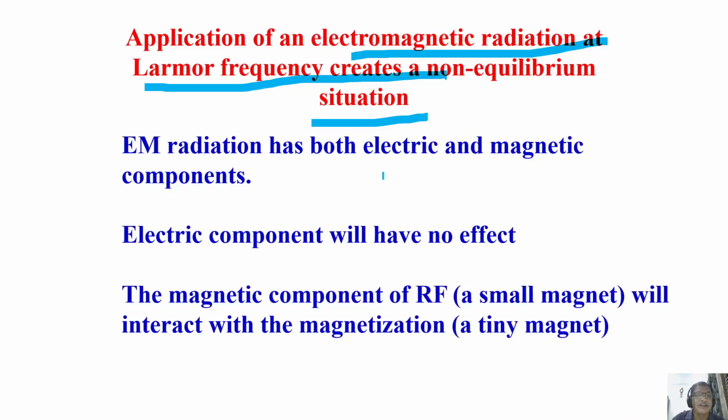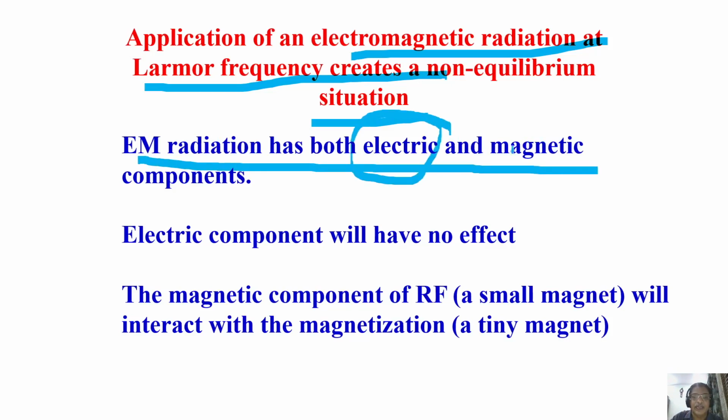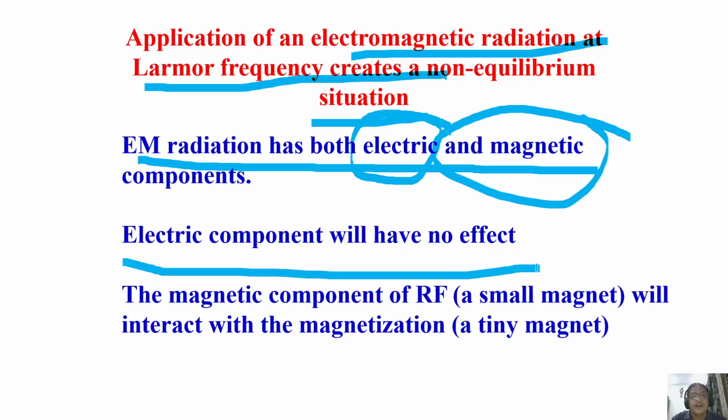How does it interact? Remember, electromagnetic radiation has both an electric component and a magnetic component. The electric component has no effect at all. It doesn't disturb the spins. On the other hand, the magnetic component of the radio frequency interacts with the magnetization.